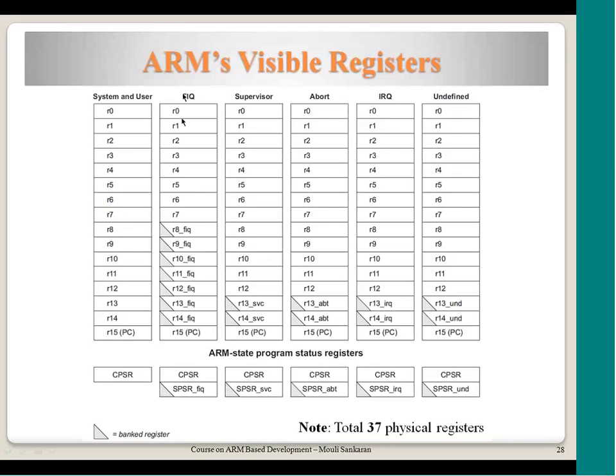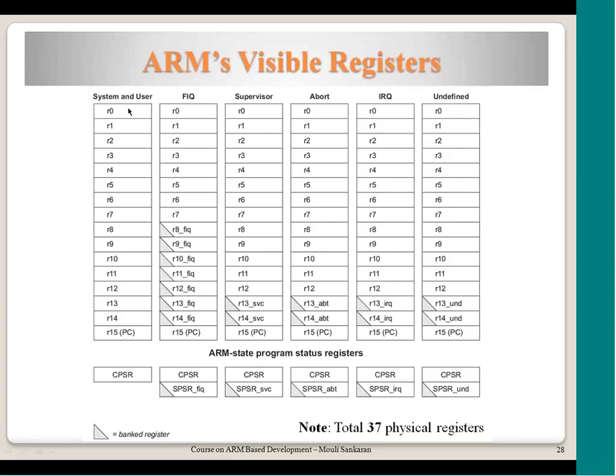Actually, in the FIQ mode, if you say R8, it will be accessing this, not this register. So in the FIQ service routine, if you write MOV R8, #100, the 100 is written into this register, and the original content of the user register will not be disturbed. Based on the mode in which you are, you will be accessing those special registers with this name. The other registers remain the same, so it is the same as the user register.